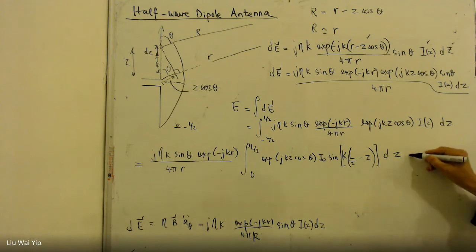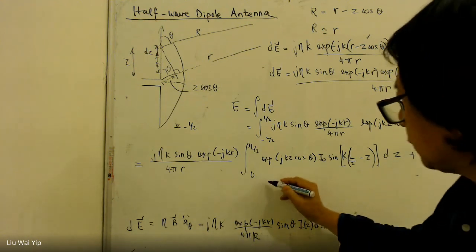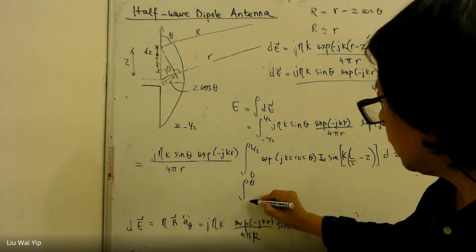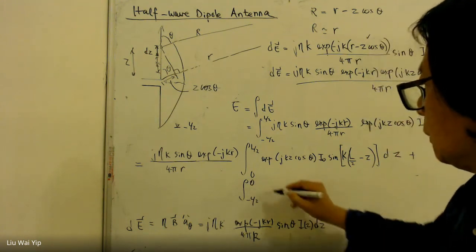And on the other hand, we can continue with this one, 0 and then minus L divided by 2.